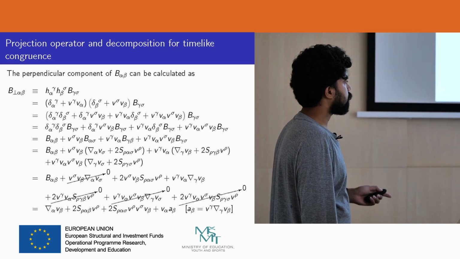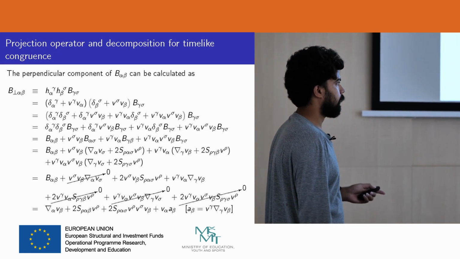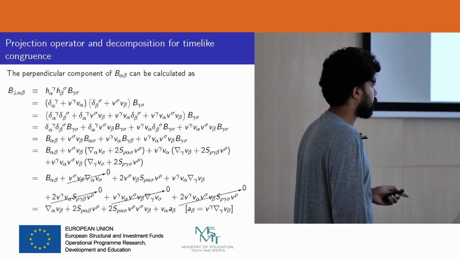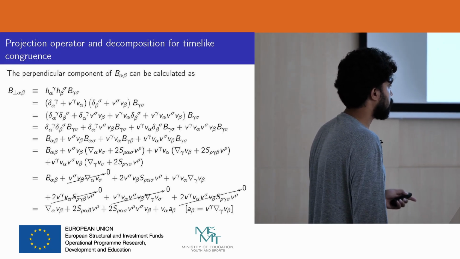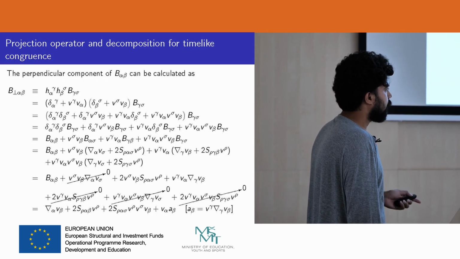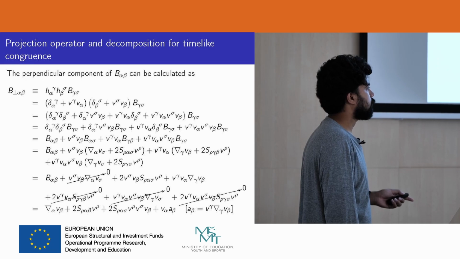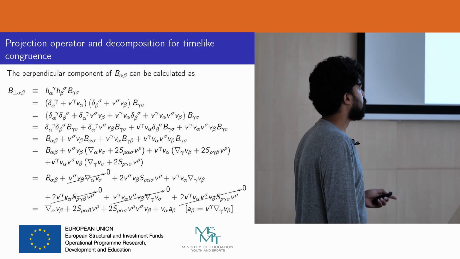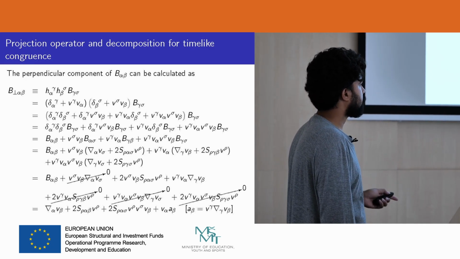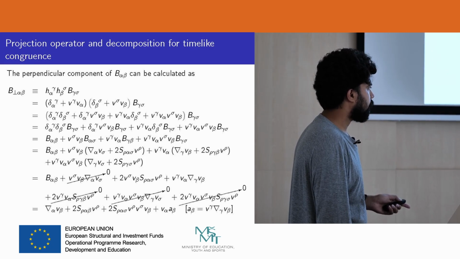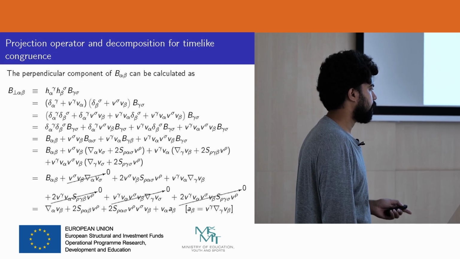and this is also 0 by using the same property, V sigma nabla gamma V sigma. And also if we use the antisymmetric property of the torsion tensor, then that is also 0. So in the end we have this expression where this alpha beta is V gamma nabla gamma V beta.